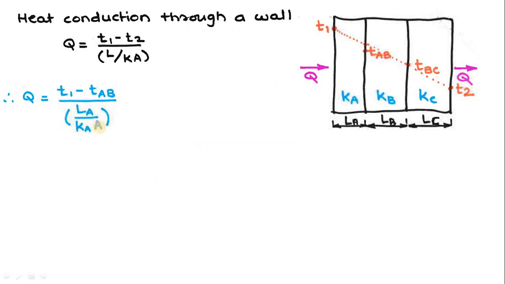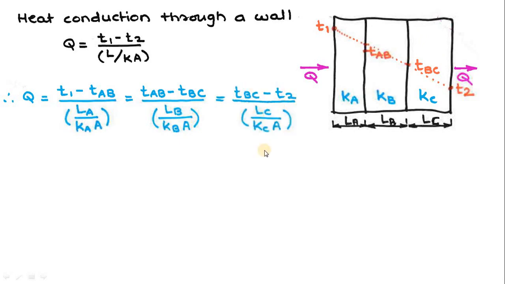In a similar way, if I consider the second slab, then I can write for Q, that is the heat transfer, Tab minus Tbc divided by the thermal resistance, that is Lb upon KbA. Now for the third slab, I can write the equation in this way. So what I have done here is simply considered a single slab, and for a single slab I have extracted these expressions.